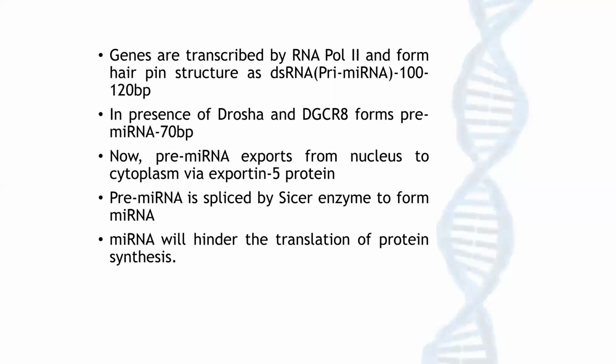So the genes, as I explained, are there in the DNA, specifically the introns from the DNA, which are then transcribed into primary microRNA. And this primary microRNA is made up of 100 to 120 base pairs.